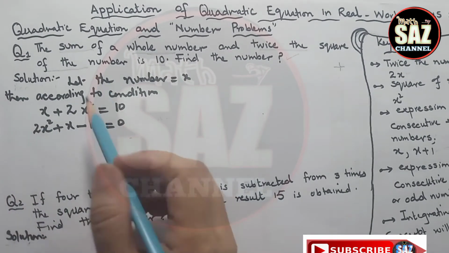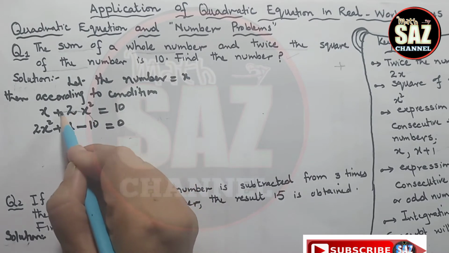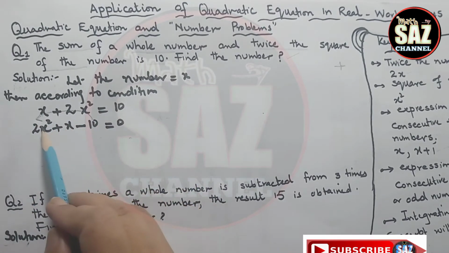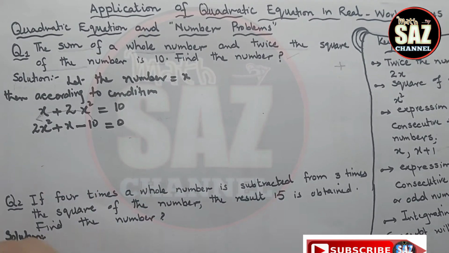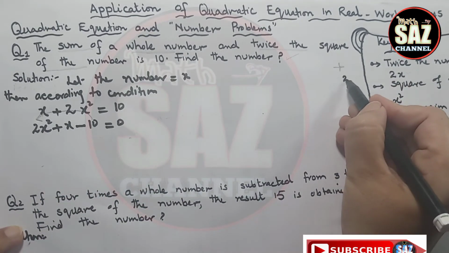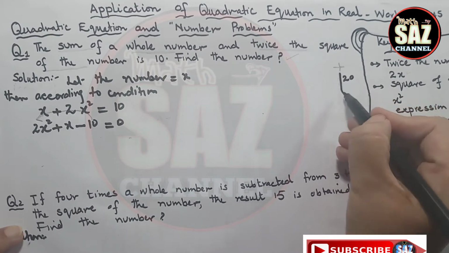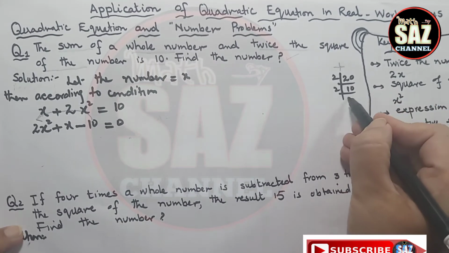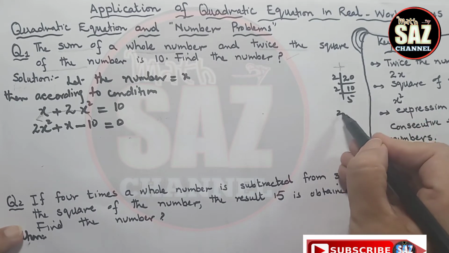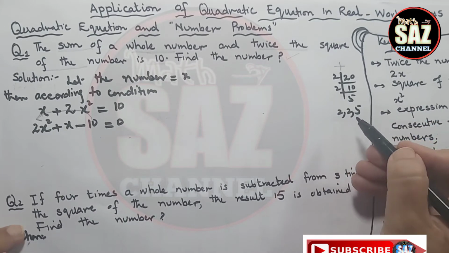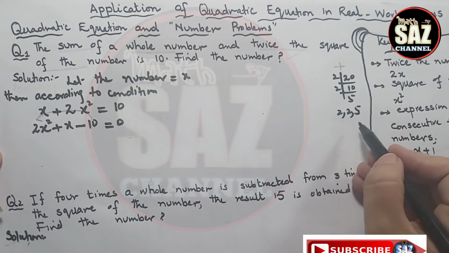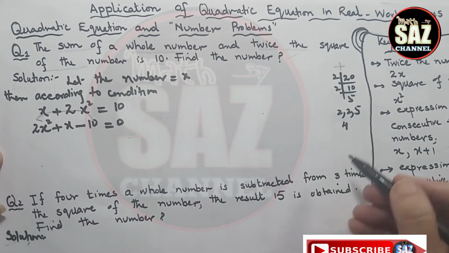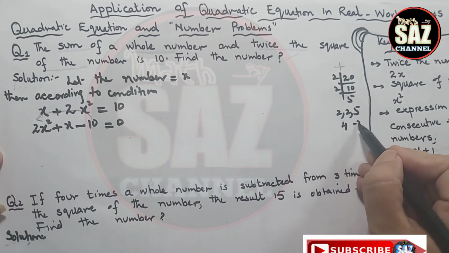So according to that, I will be multiplying 10 with the coefficient of the square term, and that will give me 20 with minus sign. Now I have to make the factors, prime factors of 20: 2 tens are, and 2 fives are, and 2 and 5. Now I have to set the factors in such a way that when I'm adding or subtracting, I'm getting 1, and when I'm multiplying, I'm getting minus 20.